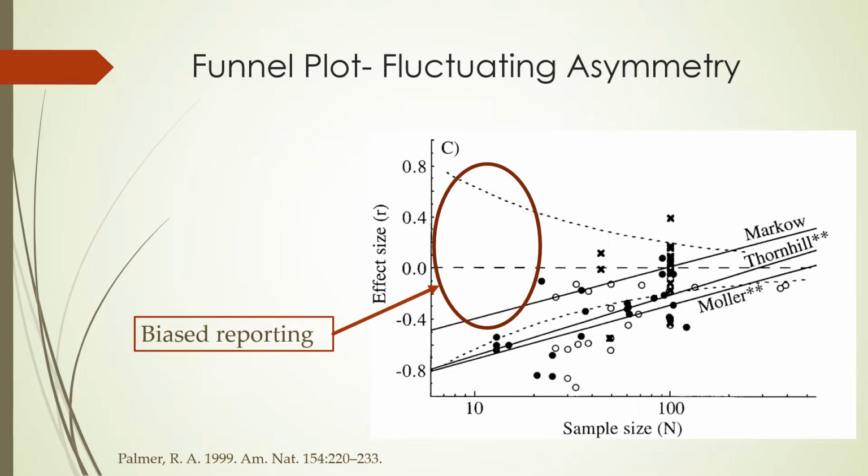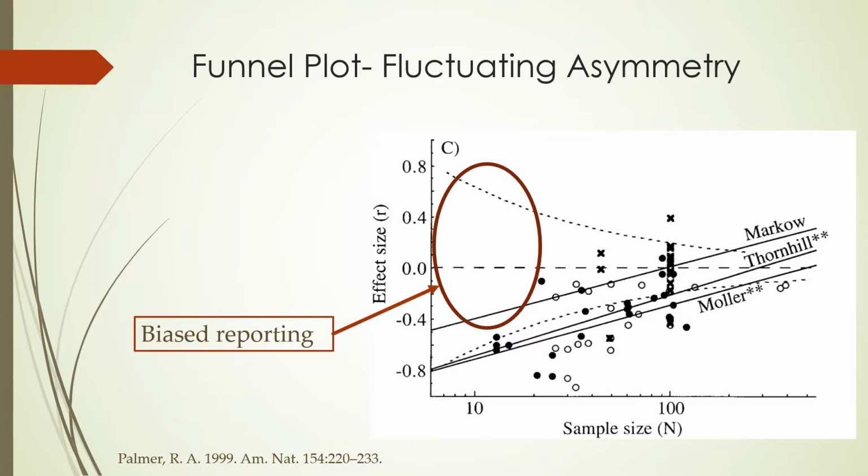And I'm just showing one figure from the paper by Palmer, 1999. You can take a look at it if you wish. And this shows a severe reporting bias by these individuals when they publish their own papers. So these are papers that had these individuals as co-authors, and you can see that basically nothing was published if it didn't support the hypothesis, especially at low sample sizes.